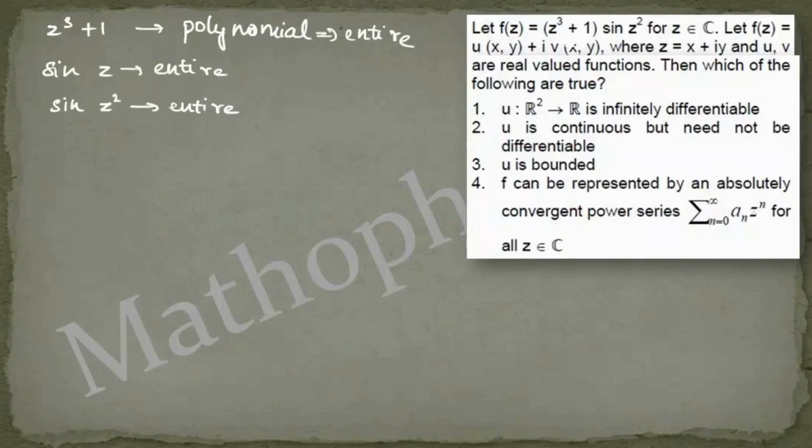So in f of z, z cube plus 1 sin z square is a product of entire functions. So the whole f of z is entire. Now let's analyze the options. They said u is infinitely differentiable. Since f is entire, u is infinitely differentiable. So the first option will be correct.